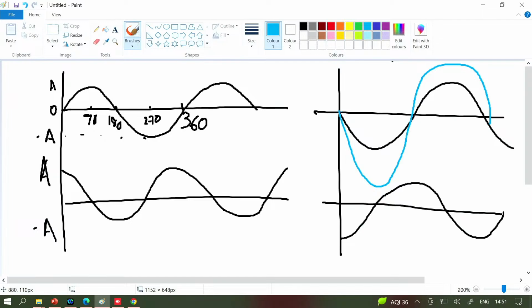What is the phase of this? Phase is only going to be the shape of it, not the size of it. Over here the amplitude has changed. The amplitude is the distance from this x-axis to the lowest point or to the highest point. So, the phase is the same.